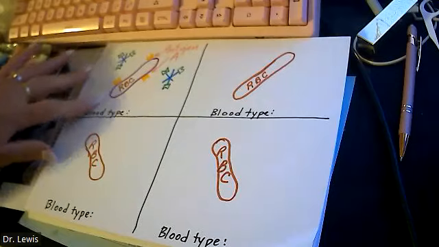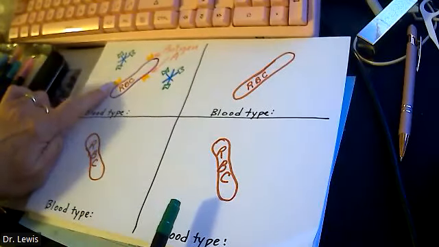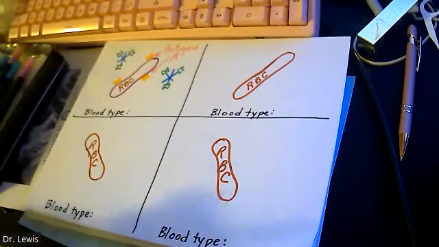So this red blood cell has antigen A and anti-B antibodies.